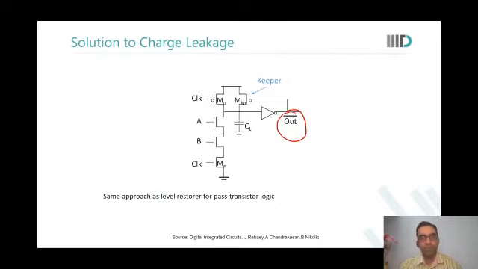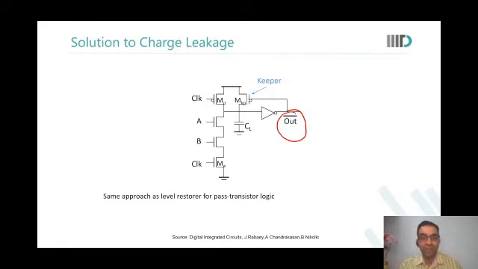Sir, in all these restorer circuits, we are actually creating a feedback. How will we ensure that we actually get out of this feedback whenever we want? By keeping this keeper and level restorers very small. That's the purpose. If we keep these small, then even the regular strength NMOS will be able to fight back, no?